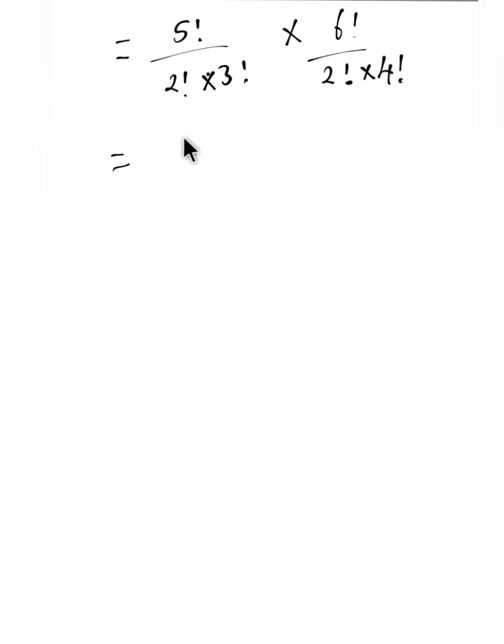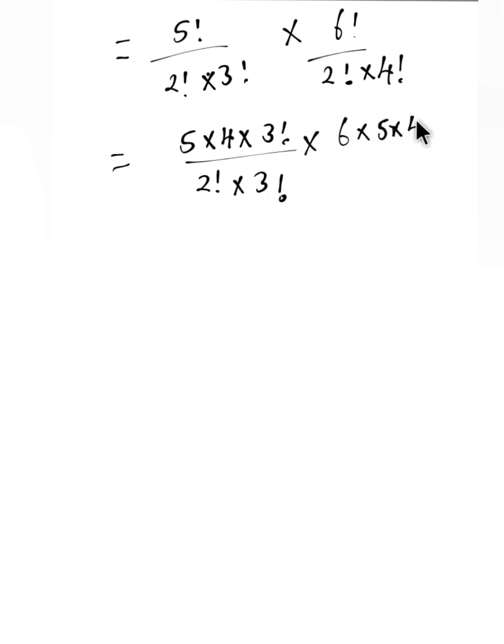Now let's simplify further. It becomes 5 times 4 times 3 factorial all over 2 factorial times 3 factorial. We stop at 3 factorial because there's 3 factorial here. Times 6 times 5 times 4 factorial all over 2 factorial times 4 factorial.